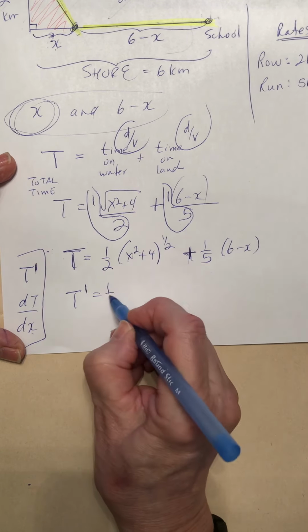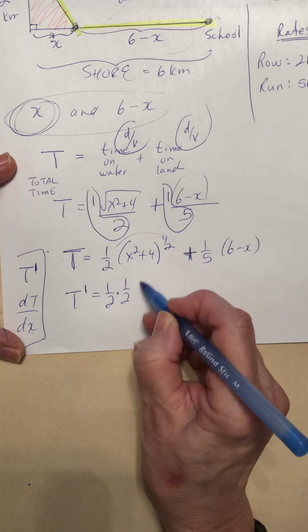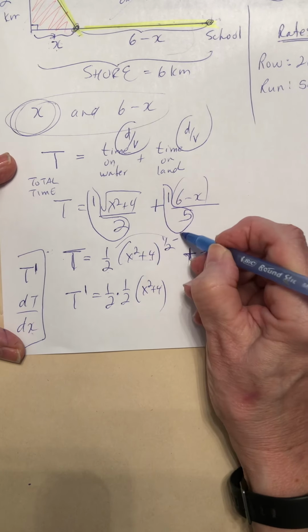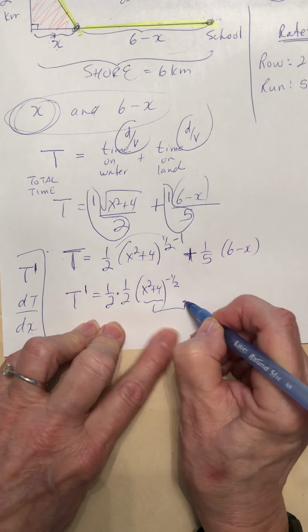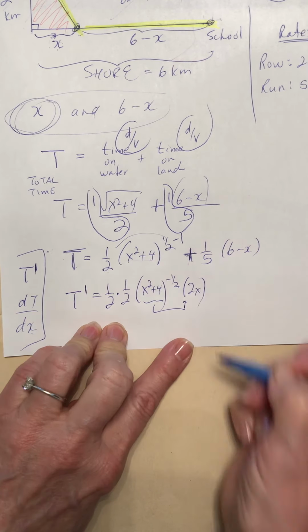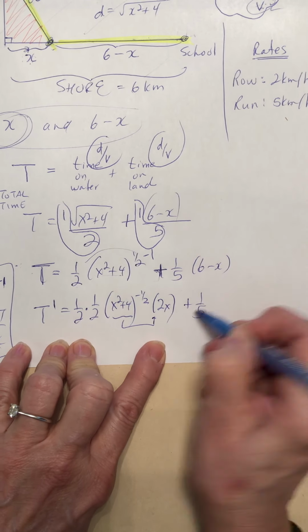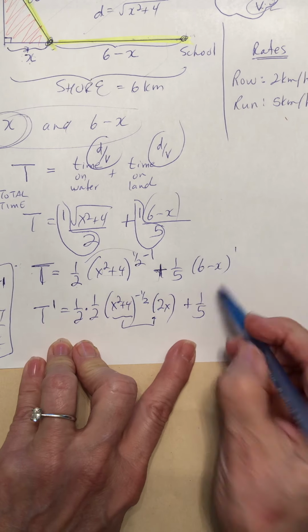So I keep my front coefficient of 1/2. I bring down that 1/2 and times them. I keep this expression the way it is. I take 1 away from here, which is negative 1/2, times it by the derivative of the inside. So that's the chain rule. And over here, keep my front coefficient. This is just a 1. I don't need the chain rule. What's the derivative of this?